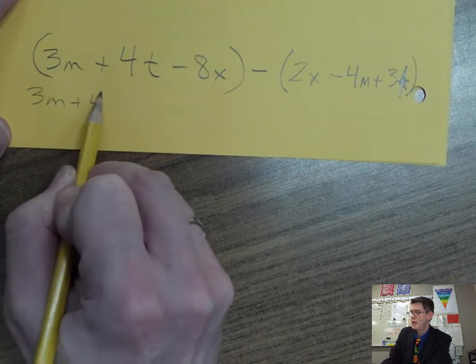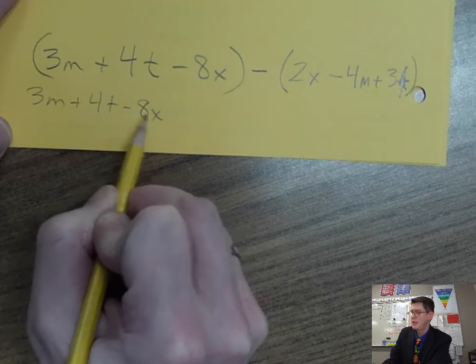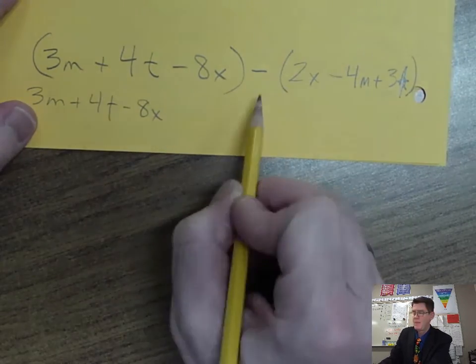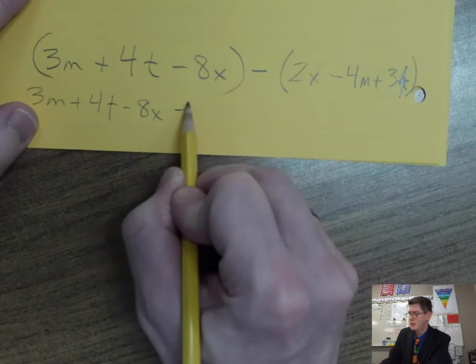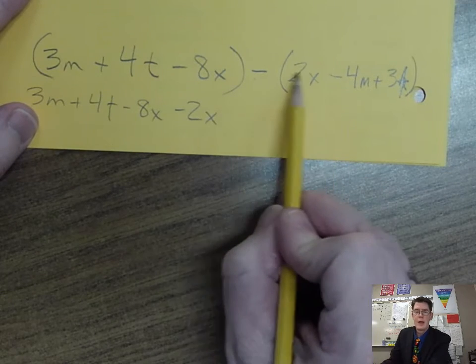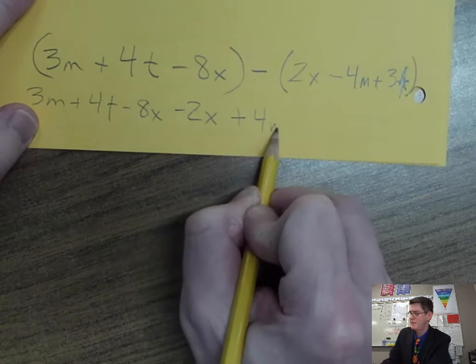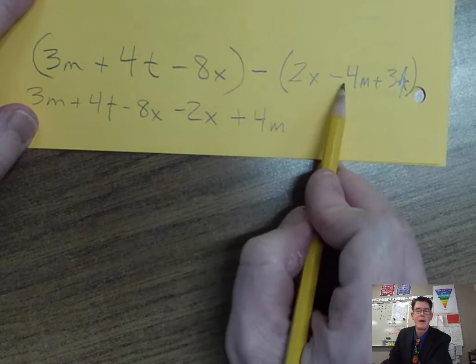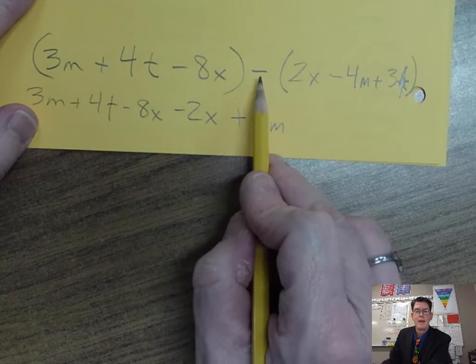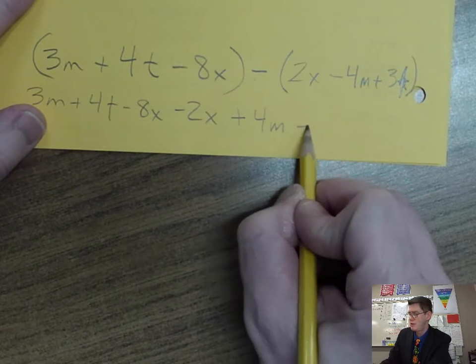So 3m plus 4t minus 8x, there's that term, minus 2x, minus a negative 4m, and just to save myself a step, I'll write plus 4m, minus a negative is plus, and then minus this 3t.